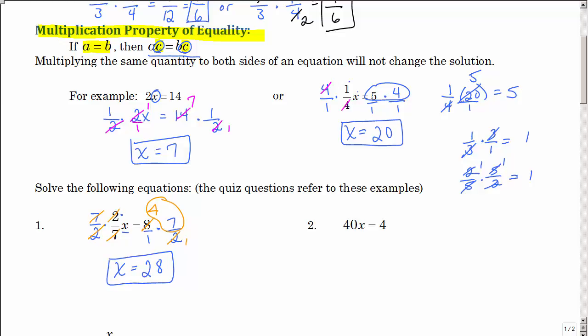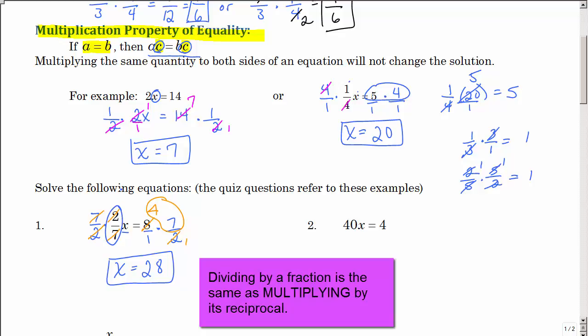Another way of saying this is that you have 2/7 multiplied times x, so you can divide both sides by 2/7, but dividing by 2/7 is the same as multiplying by 7 over 2. And in this case, that's a little bit easier.